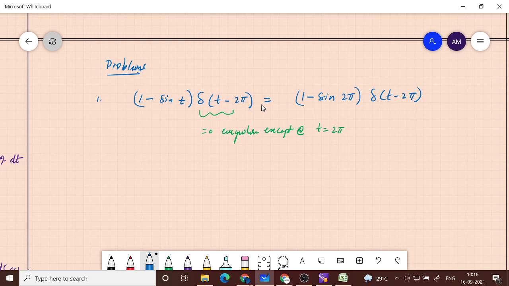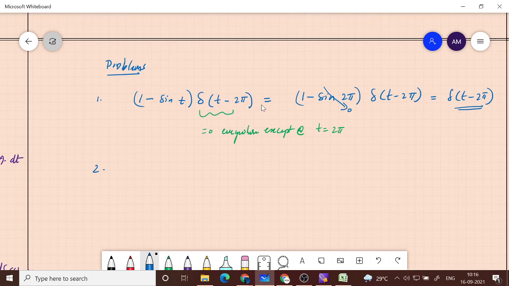Now, sine 2 pi is what? Sine 2 pi is 0, so you can just put it as 0, and then this is only delta of t minus 2 pi. Okay.